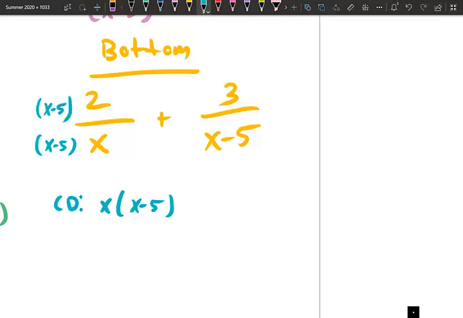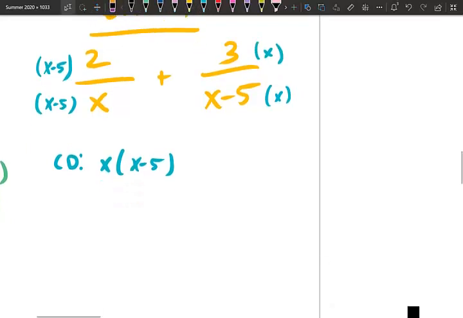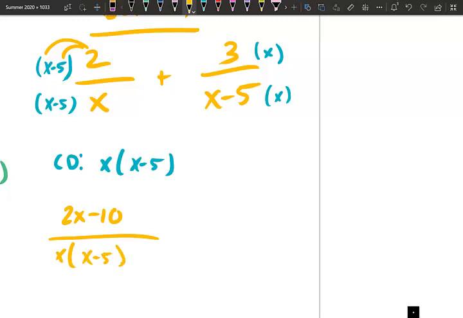On the right one, it's missing x. So on top, we're going to distribute the 2. So we have 2x minus 10 over our denominator. And that's plus, we're going to multiply 3 times x. So 3x over x minus 5.